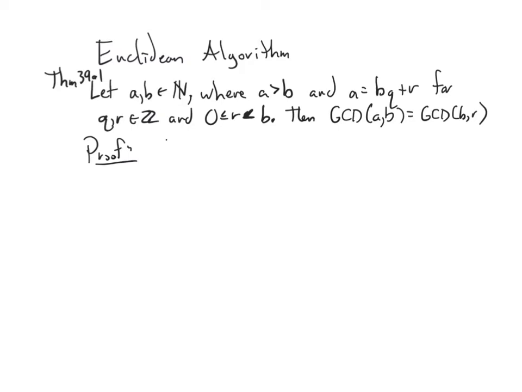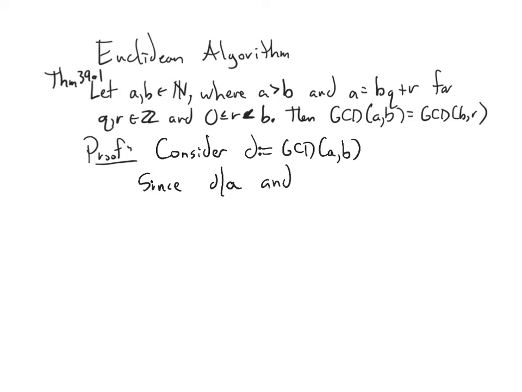So let's consider the following. Let's consider the GCD, we'll call it D, I guess, will be the GCD of a and b. And we know D is a divisor of a, or a factor of a, since it is the greatest common divisor.